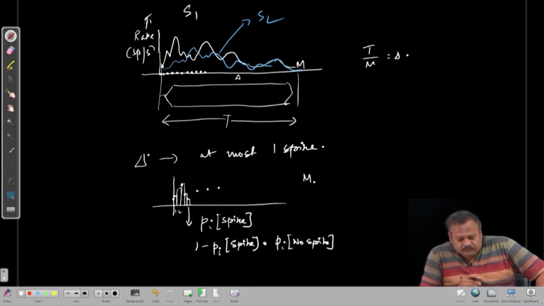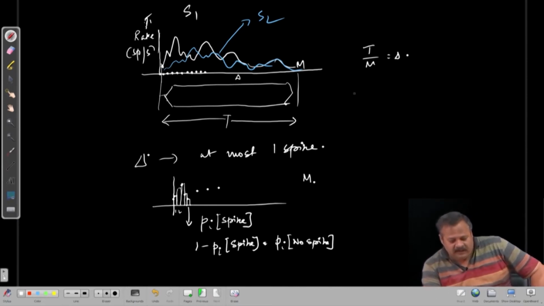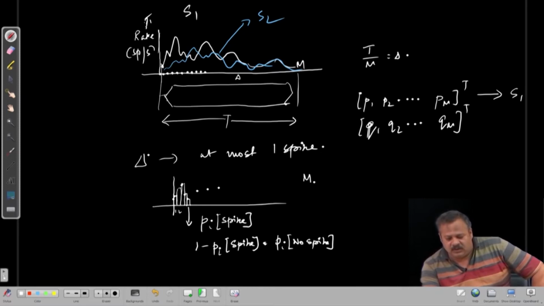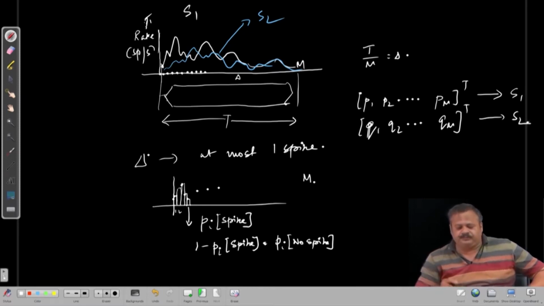Now our random variable is a vector random variable, P1, P2 up to Pm, and similarly another, Q1, Q2 up to Qm, which is for our stimulus S1 and S2.